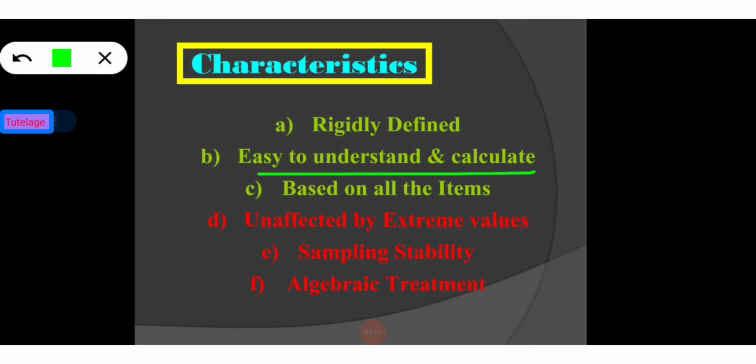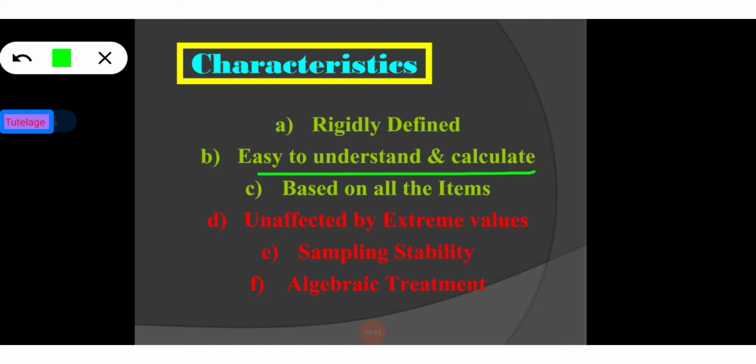Measures of dispersion should be easily understood as a measure of variability in the data, for situations where the data have large variation. It is easy to understand and easy to calculate, and it should be precisely and clearly defined.